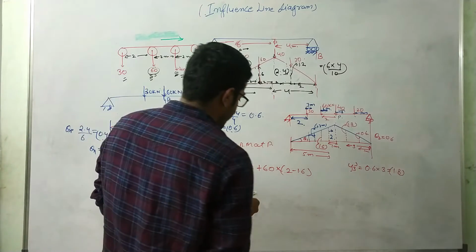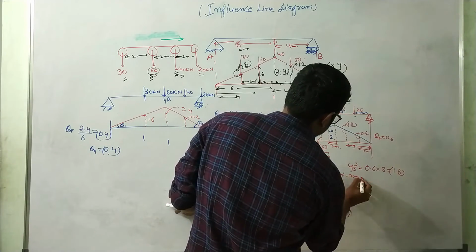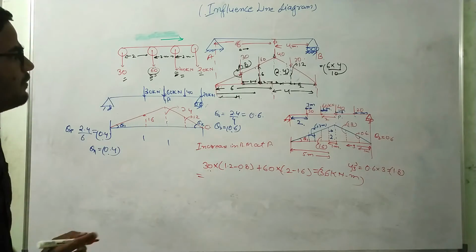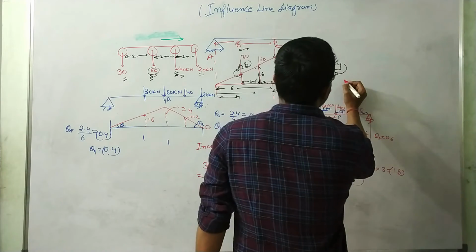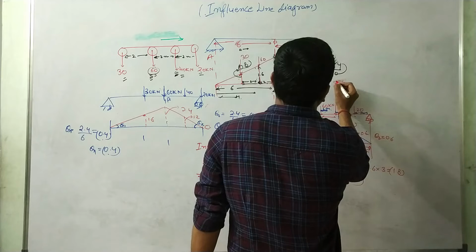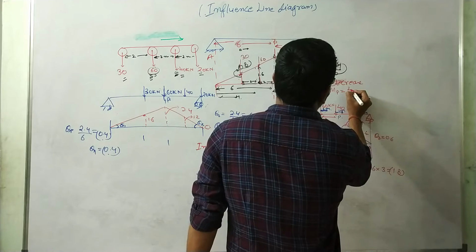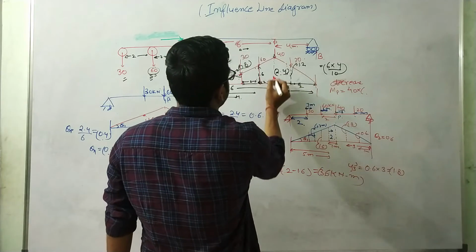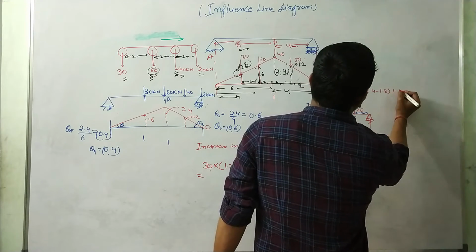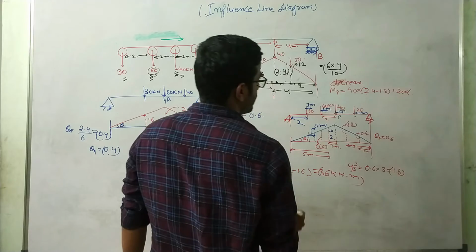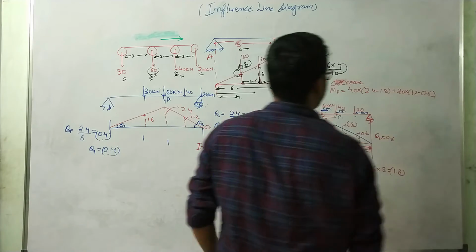So this value comes out to be 36 kilonewton meter. Now if I calculate the decrease in value, the decrease will be from this side. So initially, delta M, the decrease in MP from this side, will be 40 into, initially under the 40 load the ordinate was 2.4, so it will be 2.4 minus 1.8, plus 20 into, initially the ordinate was 1.2, now it is 0.6, so 1.2 minus 0.6.